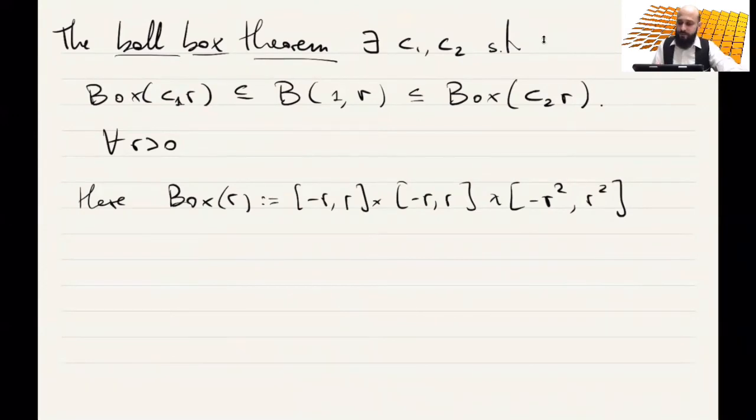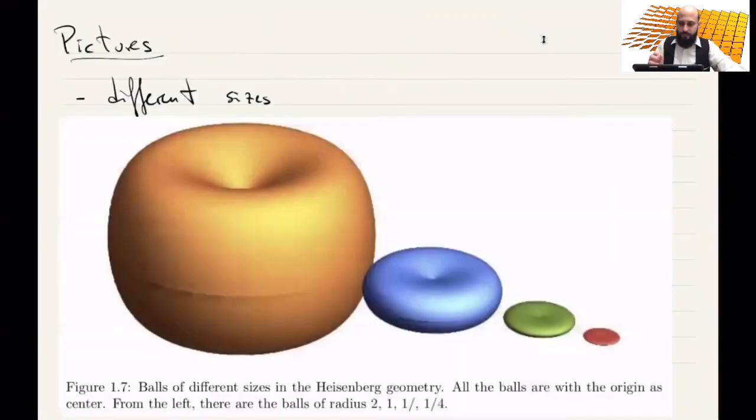What we understand really is that this ball is not behaving in a Euclidean way when we're scaling. This direction is scaled linearly, and this direction quadratically. Let's look back at the picture I showed you at the beginning. These are the pictures of the spheres. At unit size, this is something that is homeomorphic to the usual topological ball. Now when r grows, the vertical direction is stretched more, quadratically.